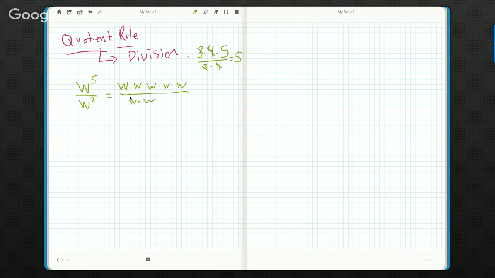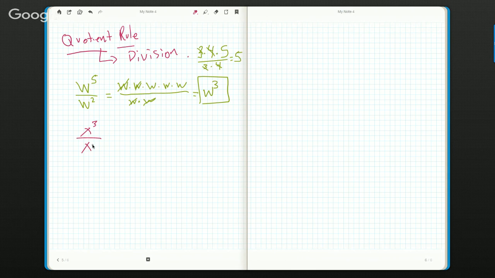Here, similarly, we can just cancel, and we end up with w times w times w, or by definition of a power, w cubed. So w to the 5th over w squared is w cubed. Let's draw one more out so that you can start to see the pattern. And let's do x cubed over x.